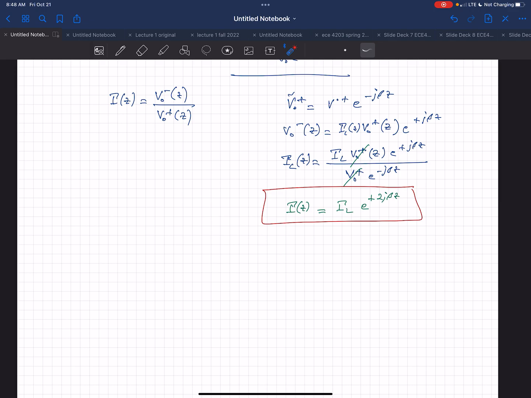Beta z equal to 0 is at the load, okay? And when beta z is equal to pi, the same thing happens. In those points, you're just going to end up with gamma sub L. And it keeps coming back.